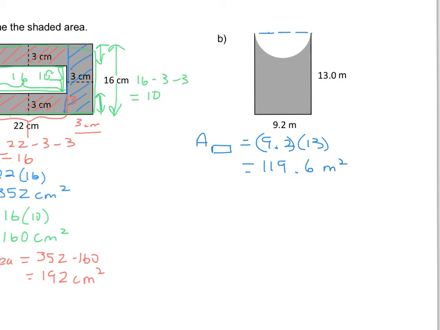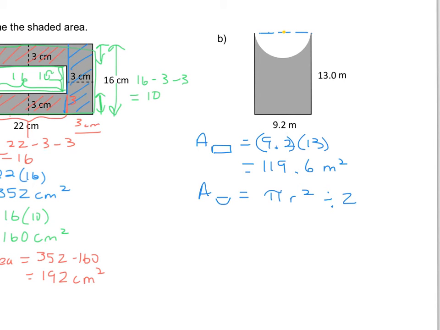And then I want the area of the semicircle there. So the area of the semicircle that I'm going to take off of there. Now the area of an entire circle is pi times radius squared, but if I'm taking only half of that circle, I want to divide that by 2. So there's my little formula. Now the question is, what is the value of the radius for that circle?